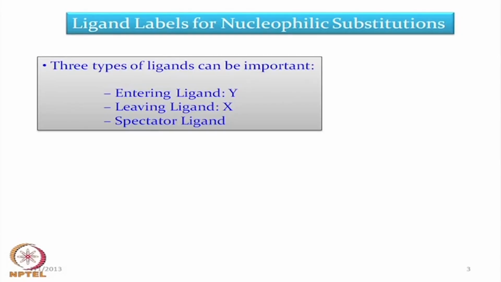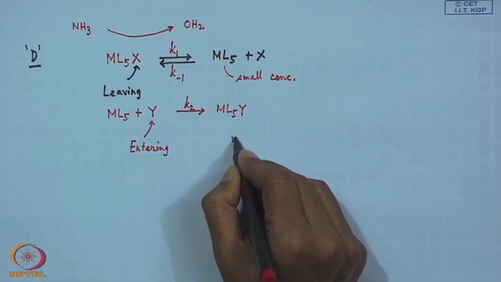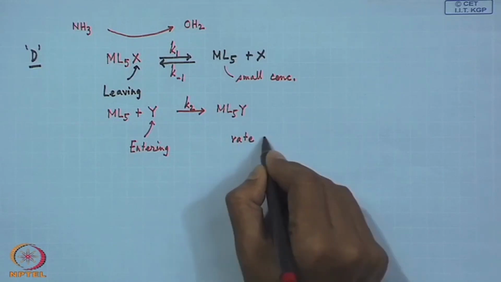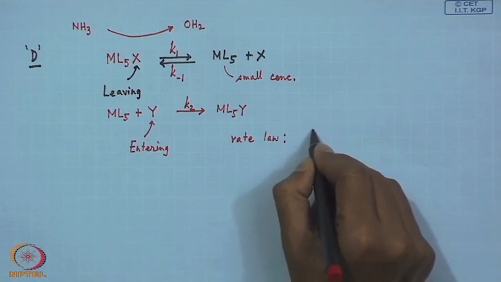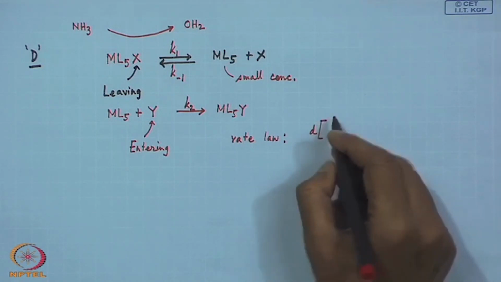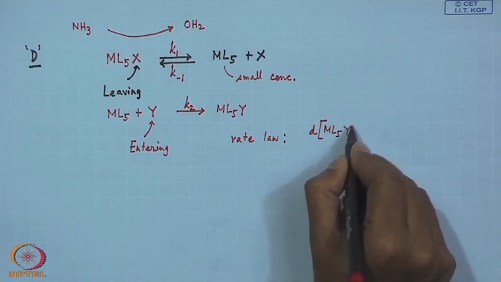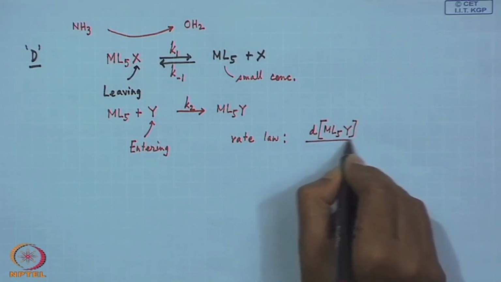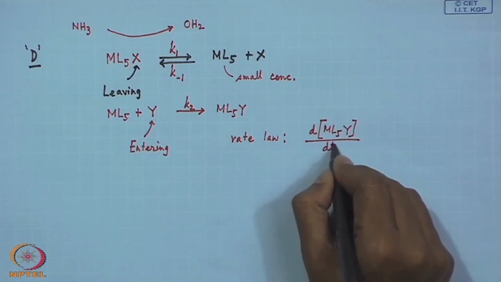So, this ultimately gives rise to the corresponding manipulations, giving us the rate law as d/dt of ML5Y. That means the formation of the product ML5Y with time.